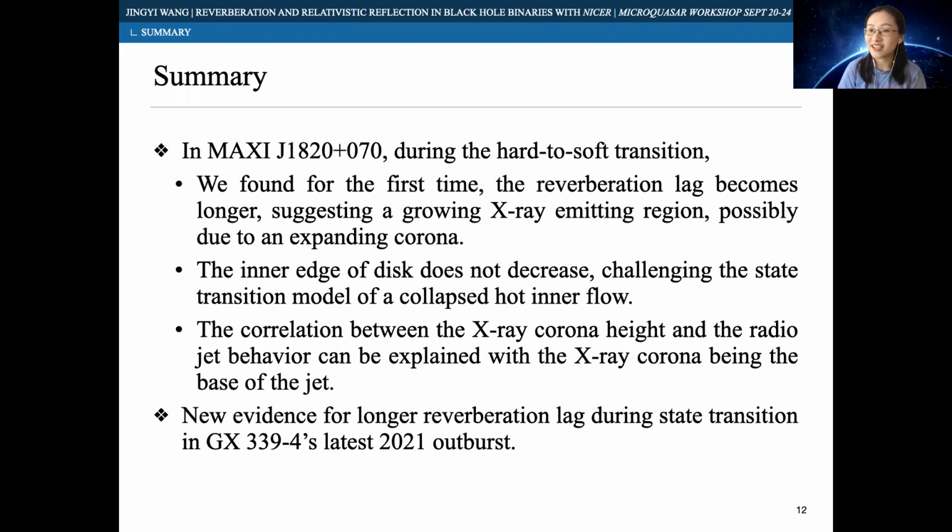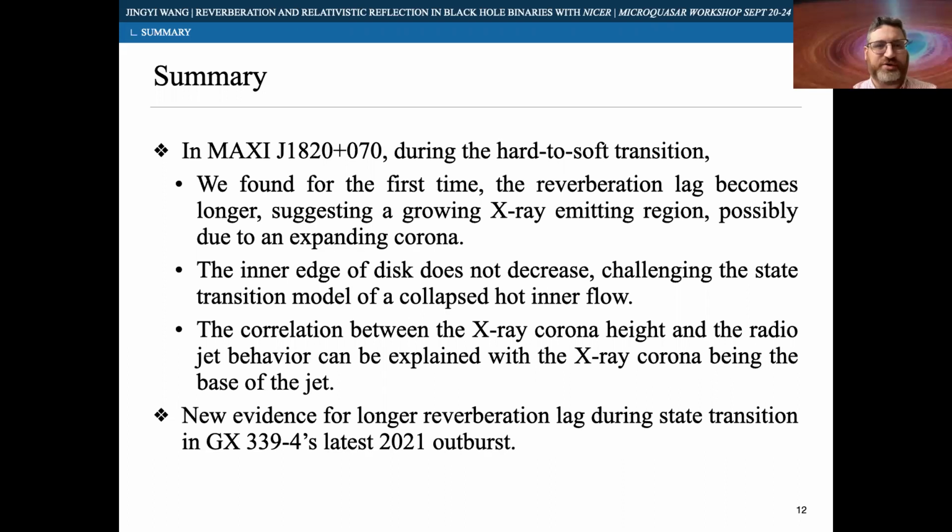Yeah, I think the only very relevant parameter here is the corona height, because it's only a lamppost. And we did compare the corona heights from the time lag fit and the flux energy spectral fit, and there is a discrepancy. So it might suggest that the lamppost is just not a good assumption, and the corona could be extended in the state transition. Okay. Thanks.